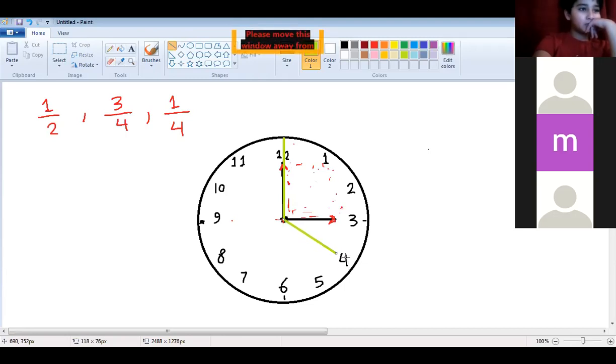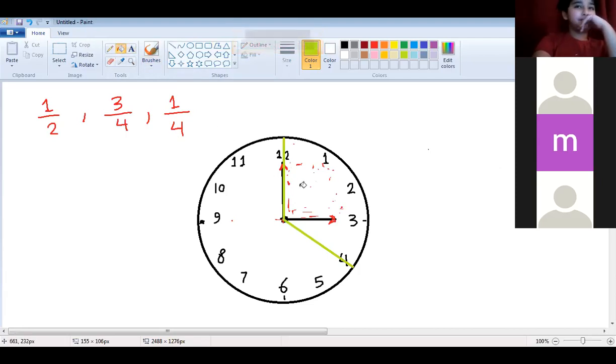If we bring the clock, tell me the fraction of the time. Abdul Mohsen? Yes, the fraction. I don't really get it.